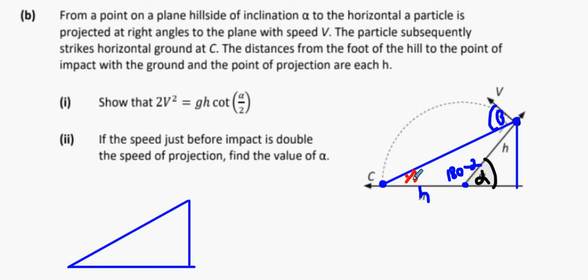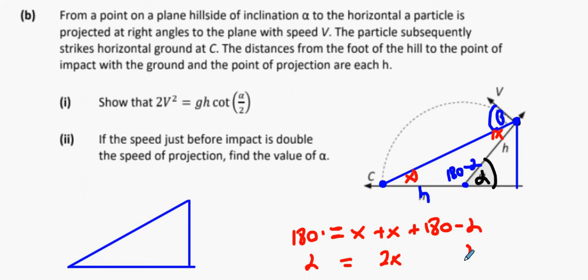So we'll call this angle x and this angle x. So 180 degrees, which is the entire triangle, is equal to x plus x plus 180 minus alpha. 2x equals alpha, x equals alpha over 2. So in a way, we've redone this question so that the angle of our new plane is alpha over 2, and we're throwing it down the hill at a certain angle.